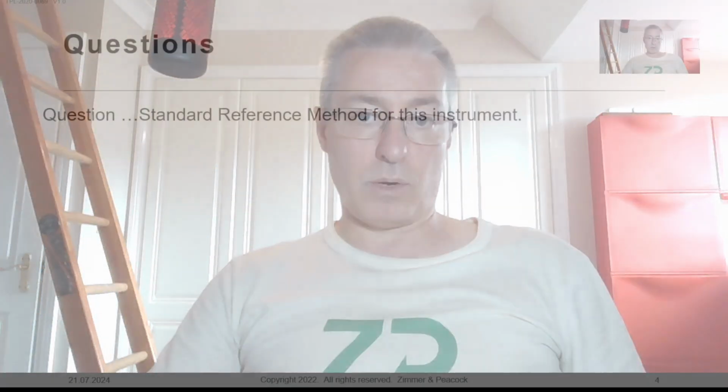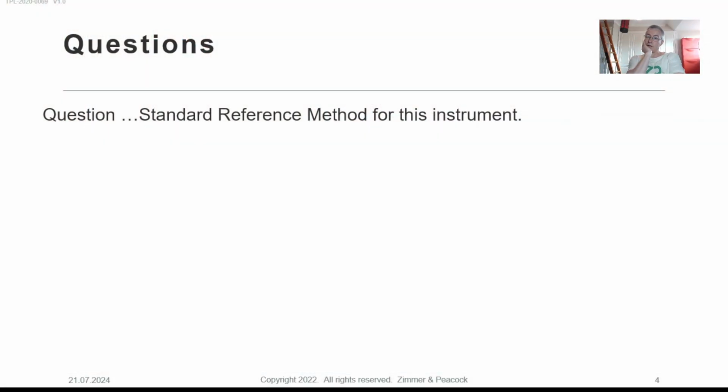So they want to know what our standard reference method for this instrument was, and we used HPLC, high performance liquid chromatography. I almost want to say high pressure liquid chromatography because when I was doing HPLC, it was definitely called high pressure liquid chromatography, but these days the industry seems to have changed to high performance liquid chromatography.